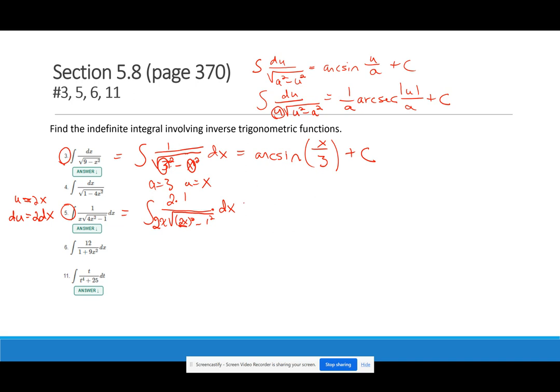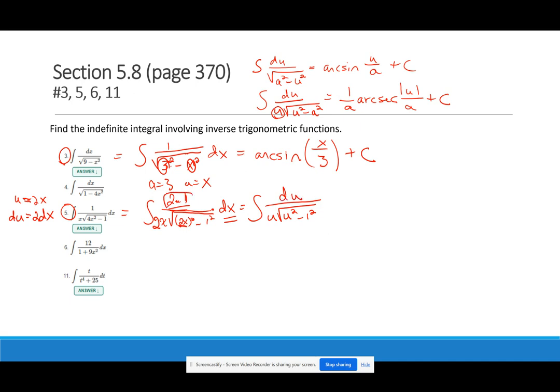That little adjustment helps me fit this formula a little bit better. Once I put the u's in, I've got a u and a square root of u squared minus 1 squared. So the denominator is what I need it to be. And do you see this 2 times 1, which is 2, together with that dx part, do you see how that's really du?